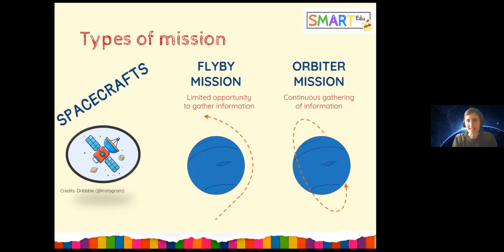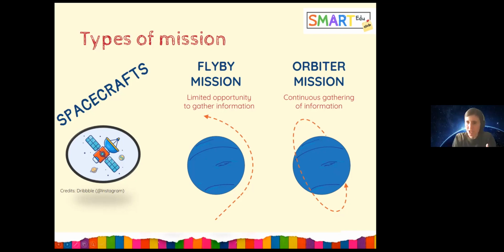Yesterday we mentioned orbit, and orbit is the path of an object around another object, okay? We said planets are orbiting the sun. In the same way, we can place a spacecraft in orbit around a planet. It's here on the right. Can you see this dashed line with an arrow? That is going around the planet.